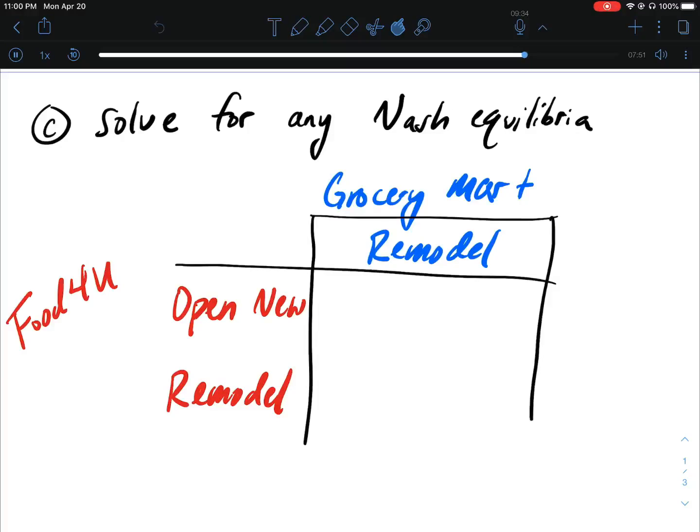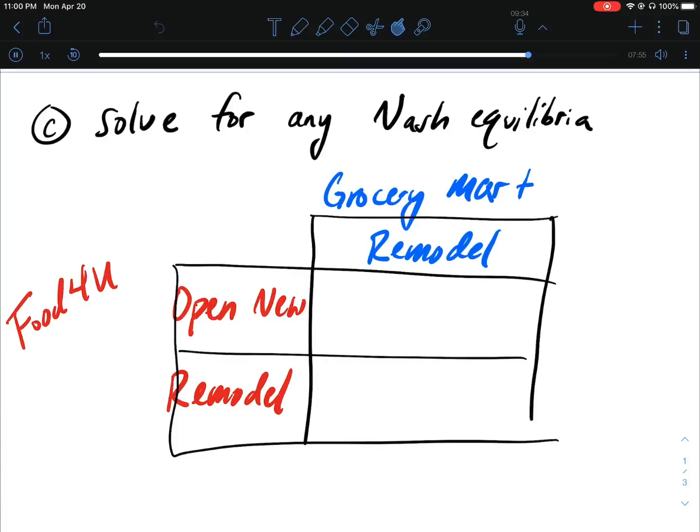And then let's finish drawing this box. Sorry, it's a little messy. And we're going to fill in the payoffs from the table above. So we have 300 and 450 for Food for You, and 400 and 450 for Grocery Mart.